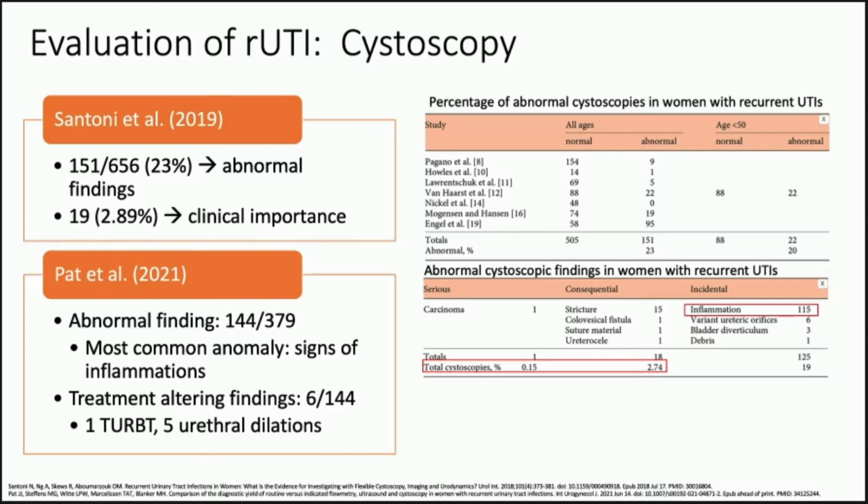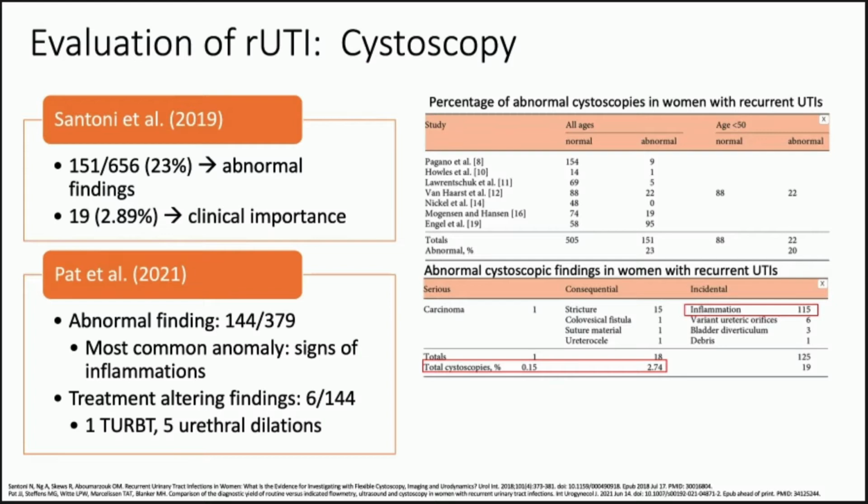However, only 19, or 2.89%, of those findings were of clinical importance, meaning that they likely required more investigation or treatment. I just want to note here also that the most common finding was inflammation, which is not only common, but also expected in the acute cystitis episode.